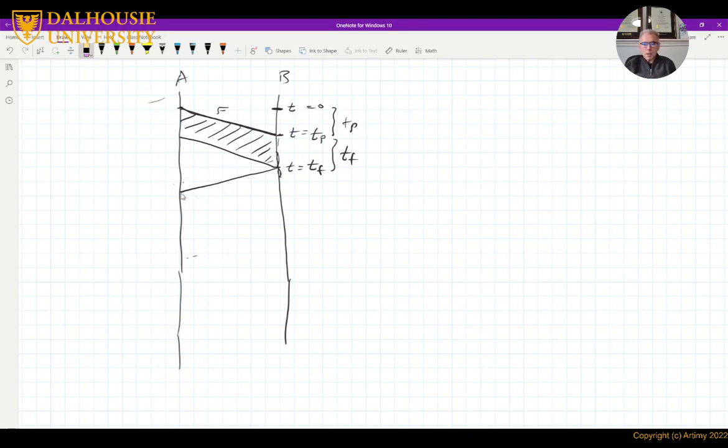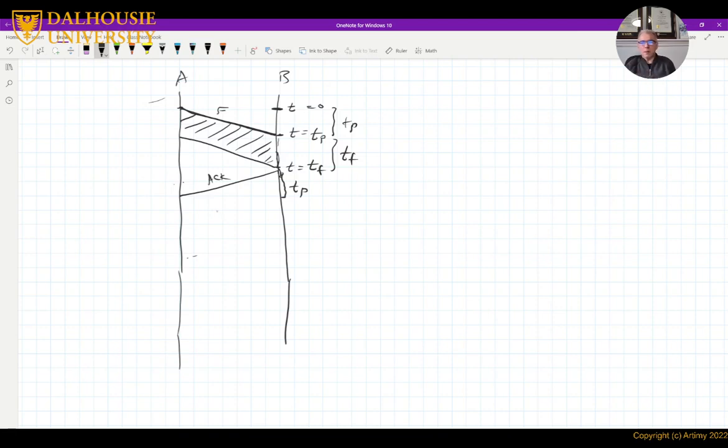So this is the time. If I'm sending the frame, this is another TP, and I am ignoring the size of the acknowledgement, because the acknowledgement usually is very small compared to the frame. The frame could be 1000 bits or even 1000 bytes, while the acknowledgement could be just a few bytes.